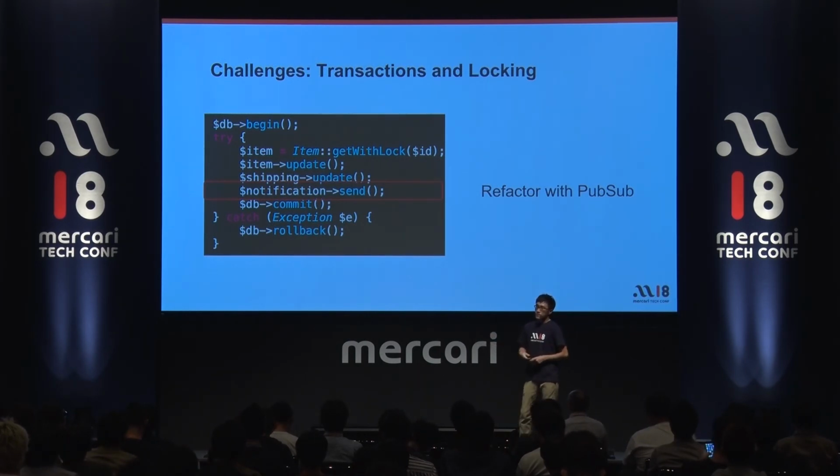For example, using PubSub to move some part of the transaction out of the transaction and do them asynchronously. And in this example, when you're updating these things, sending the notification is probably not necessarily to be done in that transaction. You can still update this data and maybe send the notification a few seconds later, which is fine.